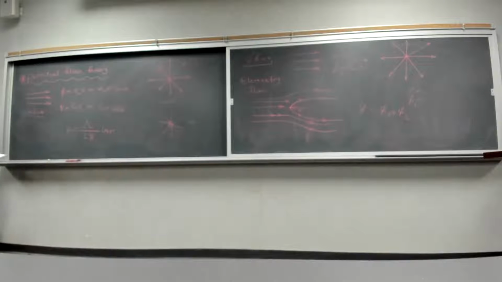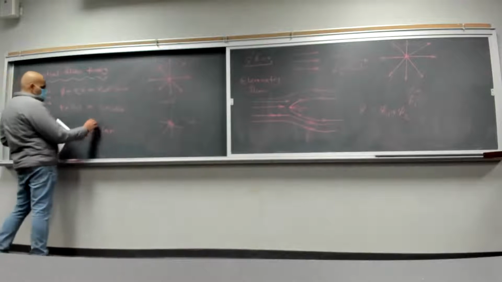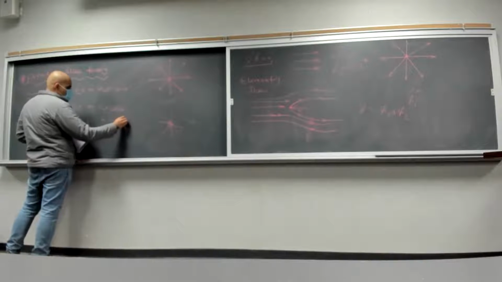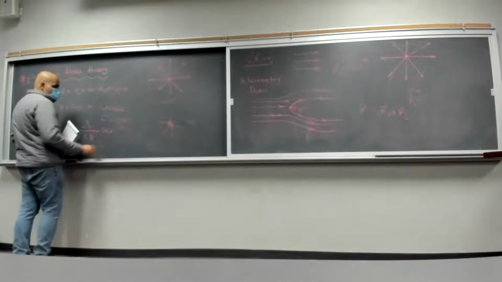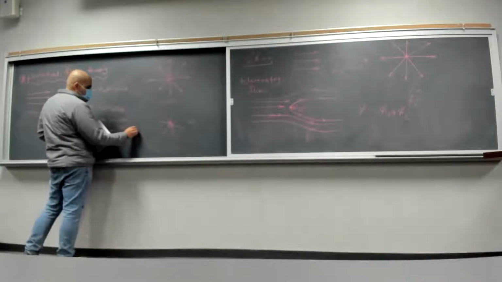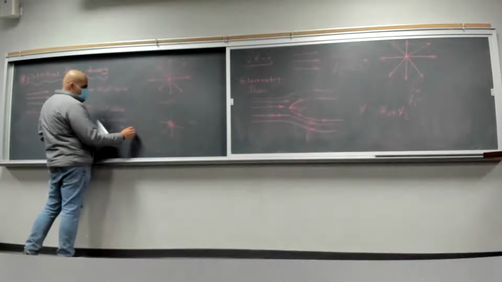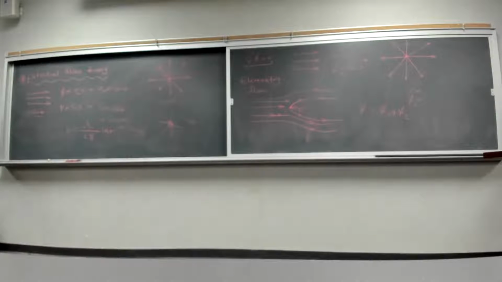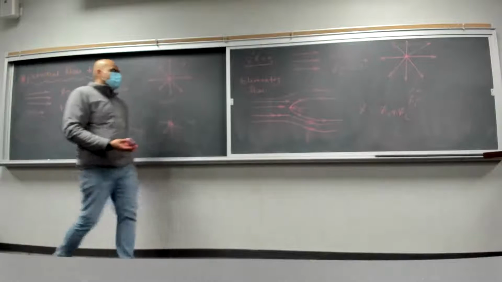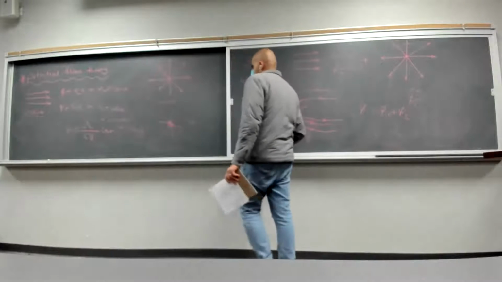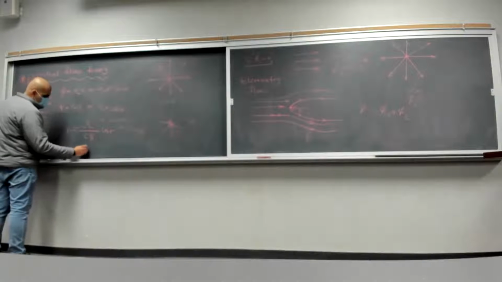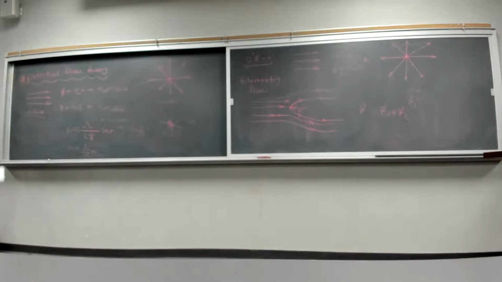Lambda is the strength of the source or sink. And it's usually given to you, or you can determine that pretty easily. And the stream function is going to look like this: lambda divided by 2 pi multiplied by theta.